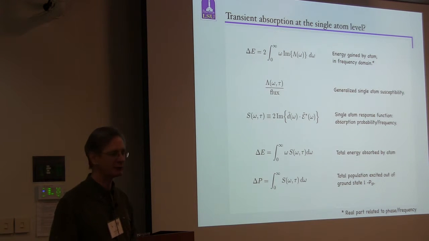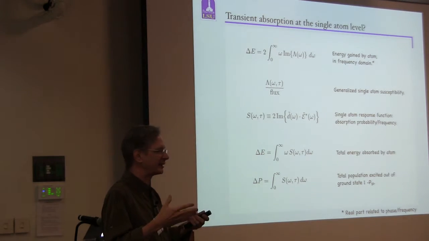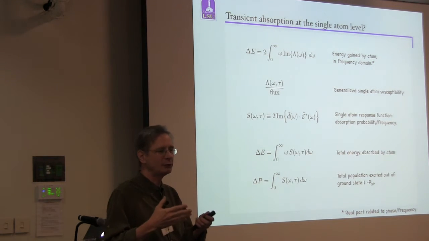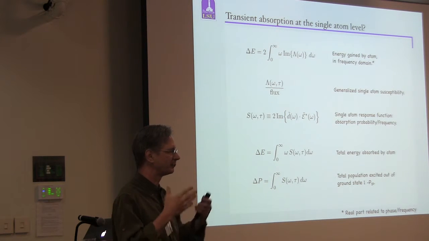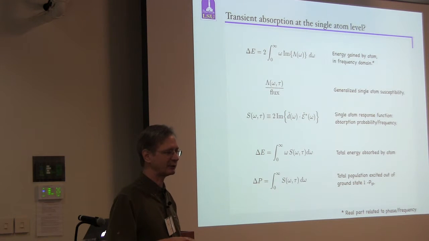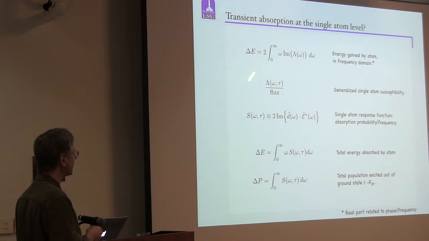It would tell you the extra little bit of phase that got added per unit frequency to the field by this interaction with this single atom system. I'm not going to use that, but I just want to say that's kind of what it looks like.